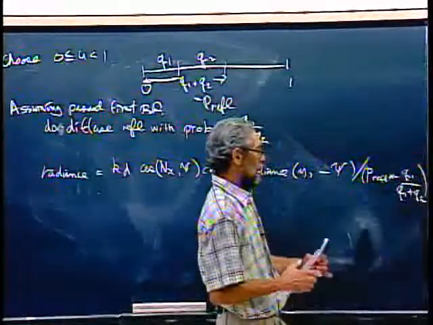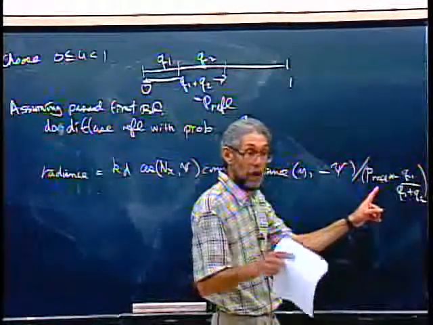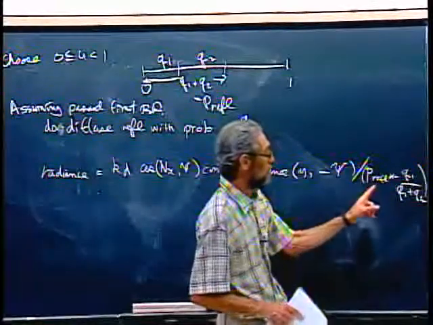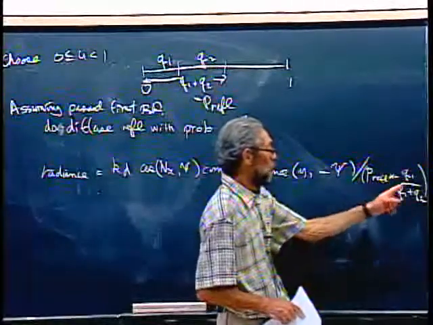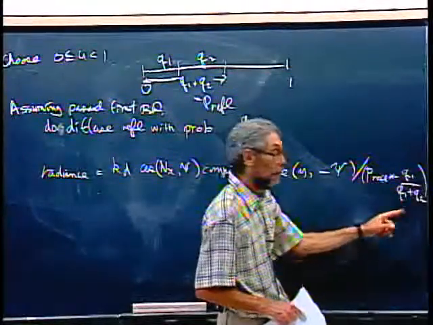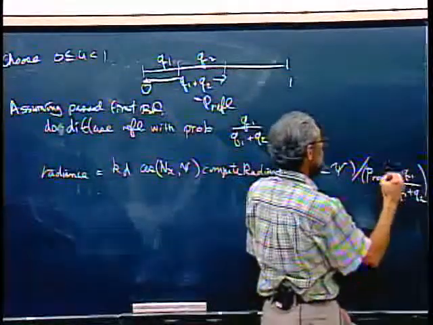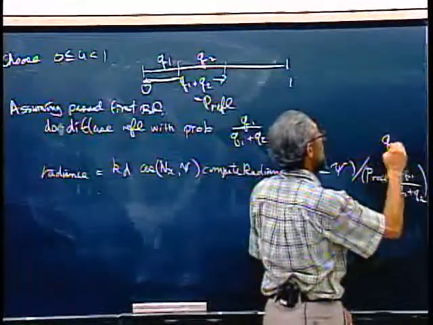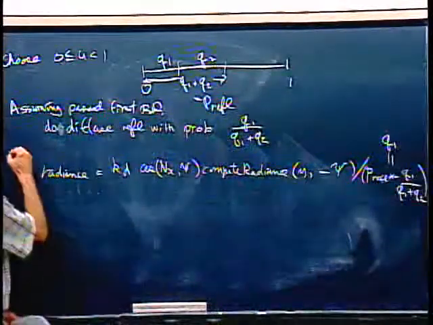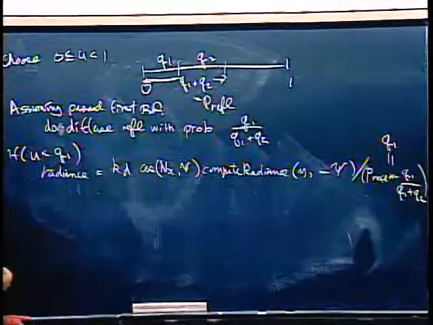Because the way I'm getting my reflected ray is first decide whether I pass the test. If I didn't, I use 0; if I do, I have to divide by this. If I do pass the test, this fraction of the time I'm going to choose to use the diffuse estimate. And so, because P reflect was Q1 plus Q2, this factor that I'm dividing by is actually my Q1. So if U is less than Q1, I use this radiance formula.